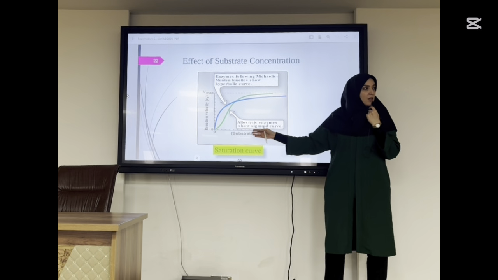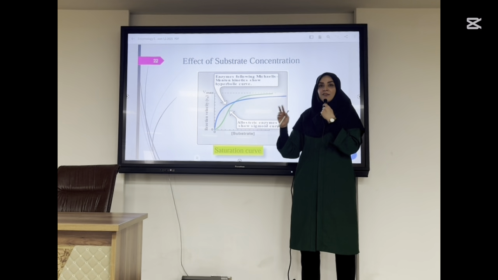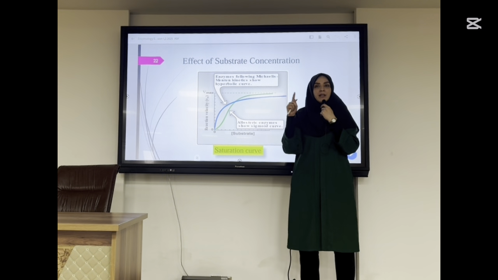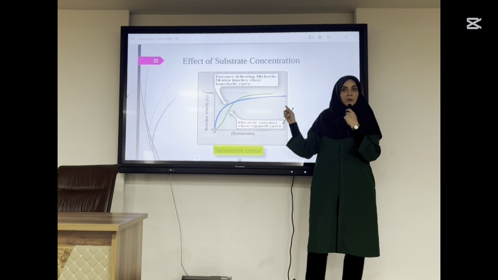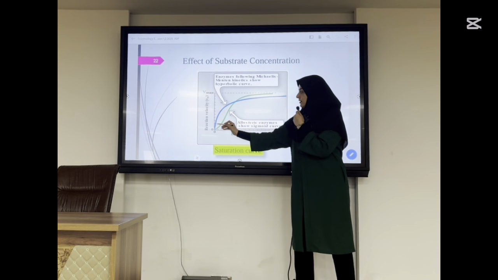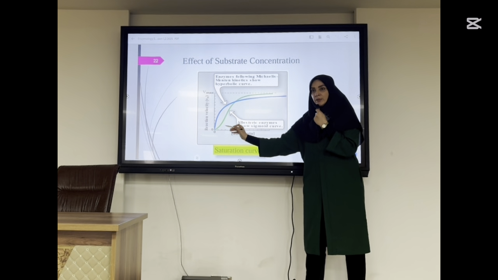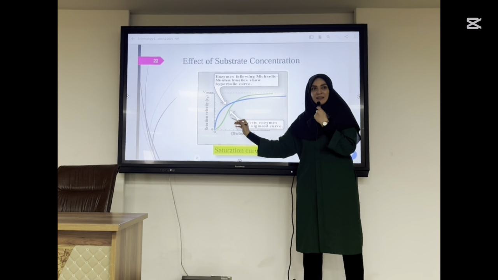If I plot substrate concentration against velocity, we have two forms of curve. I think in the protein session, you reviewed this type of curve. The blue curve is hyperbolic, and the green curve is a sigmoidal curve.